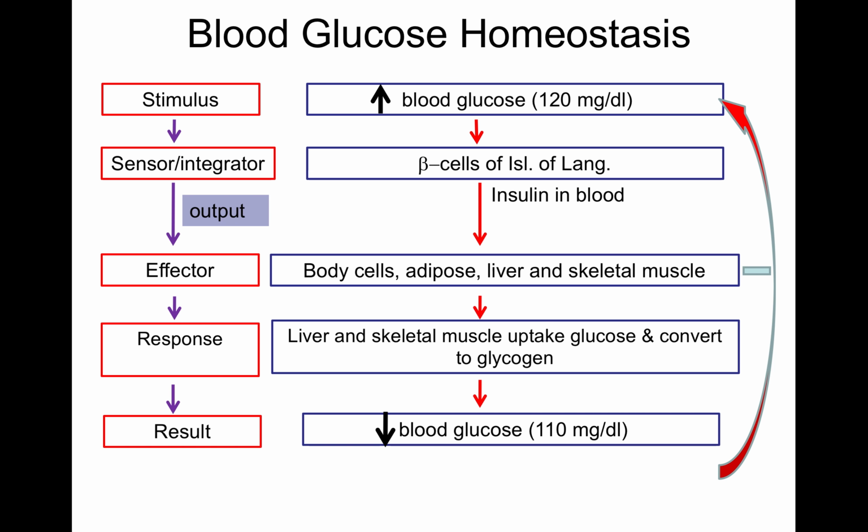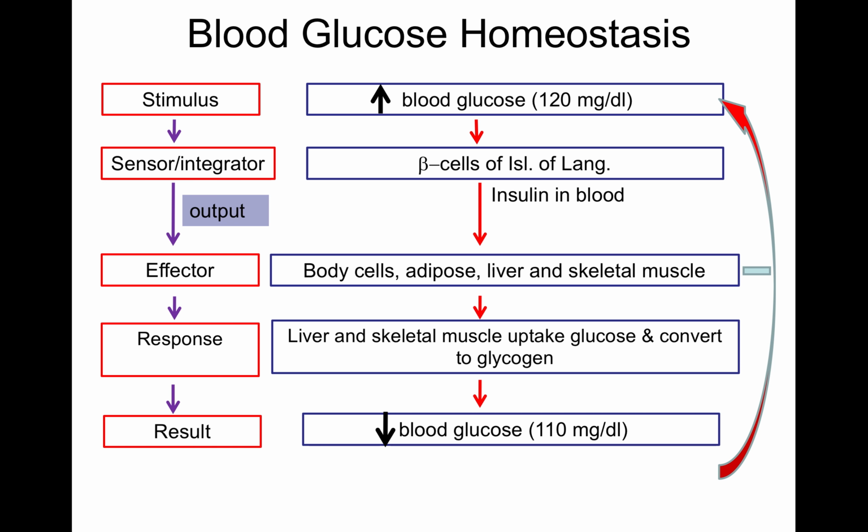Now, this output is going to have multiple effectors. What are those effectors? Your body cells, the adipose tissue, your liver, and skeletal muscle. What is insulin going to do to these structures? It is going to allow these structures to take in the extra glucose and convert it to a more complex version of the carbohydrate called glycogen.